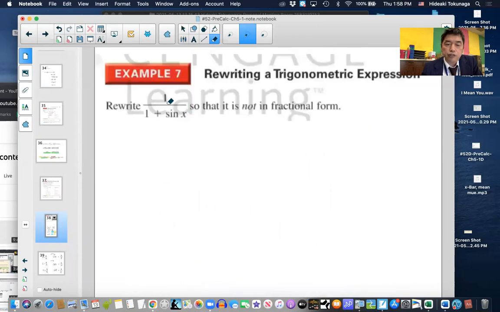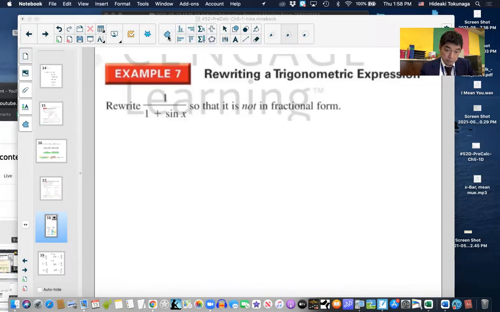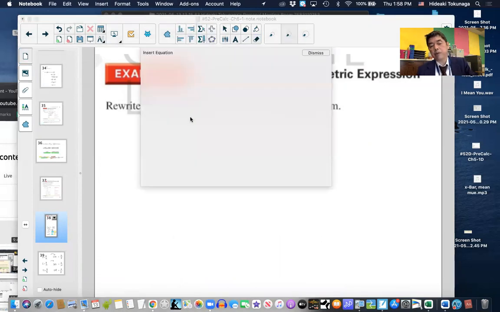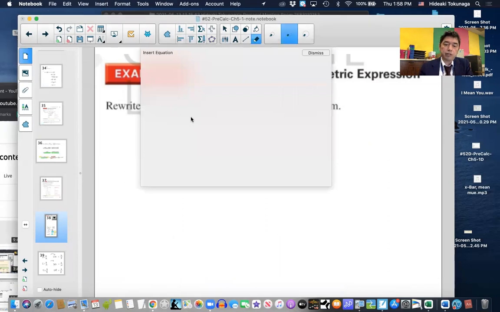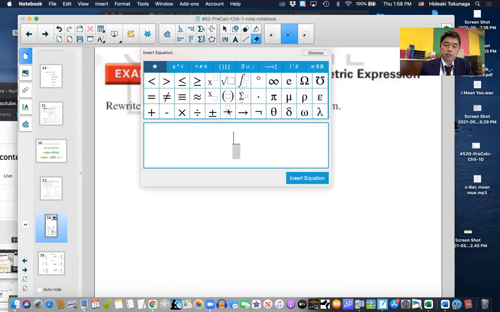Okay, so first let's write down this equation. There are many ways you can think about this. Fraction 1 over 1 minus sine theta.